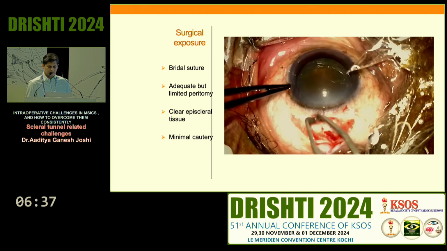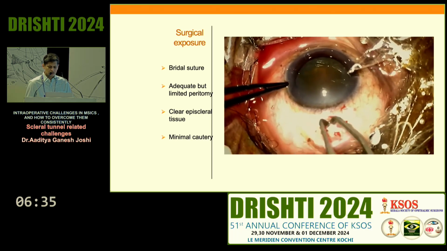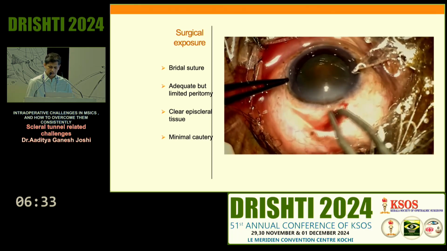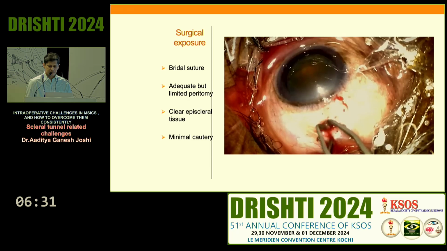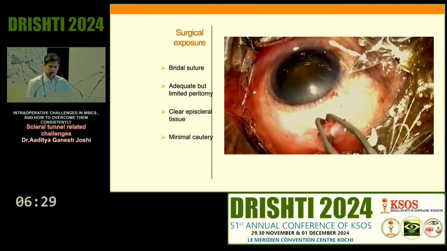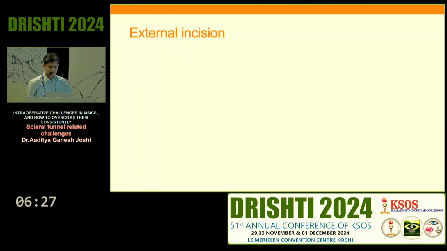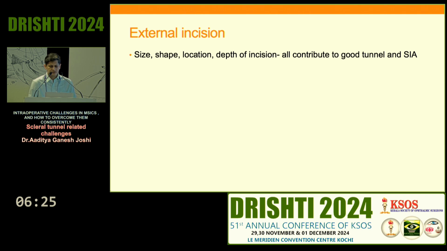Then do a minimal cautery. Do not over cauterize, otherwise it can cause more scleral inflammation and thinning later on and may lose the valve mechanism also. For the external incision, the size, shape, location and depth of incision all contribute to a good scleral tunnel.